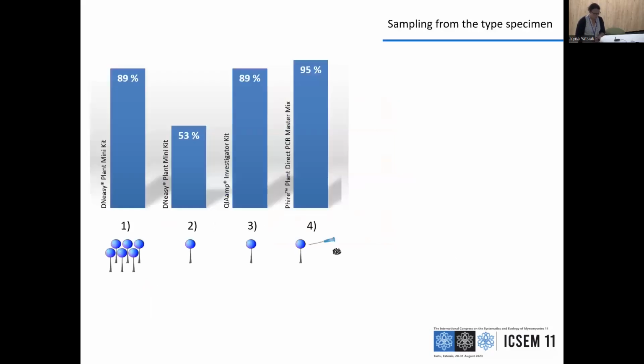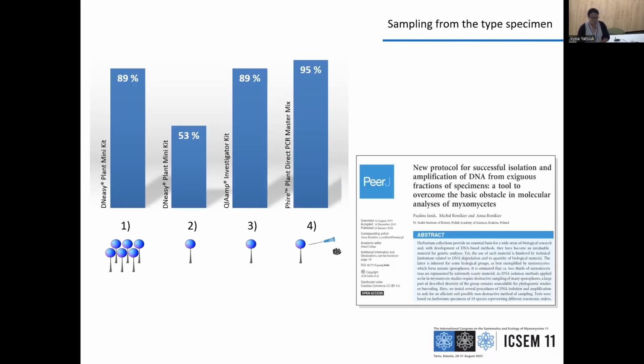This fourth procedure turned out to be the most effective. We studied it on several species from both bright-spored and dark-spored myxomycetes, and we got 95% success using this method. If you are interested, all the results were published a few years ago in PeerJ.